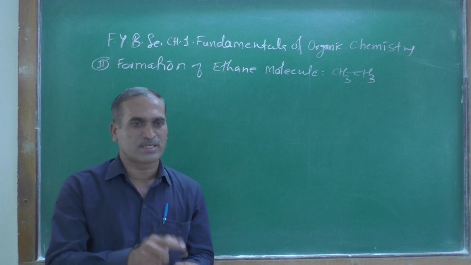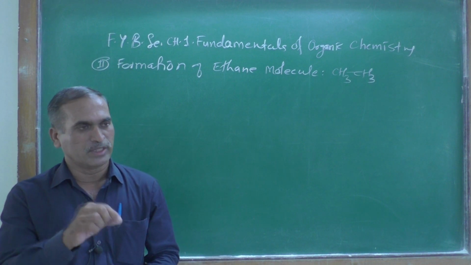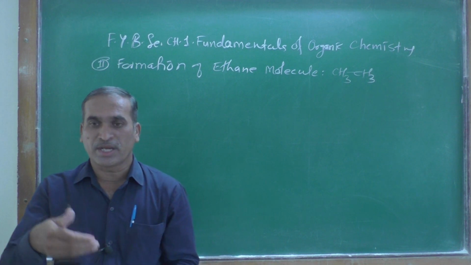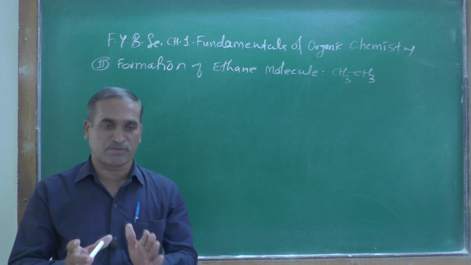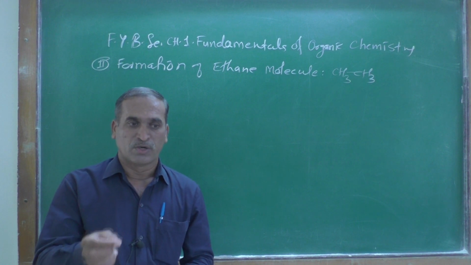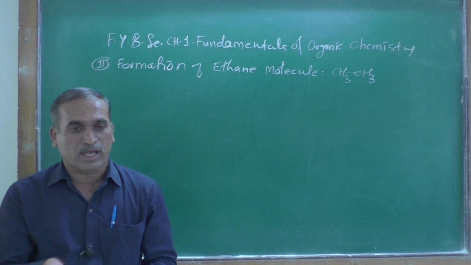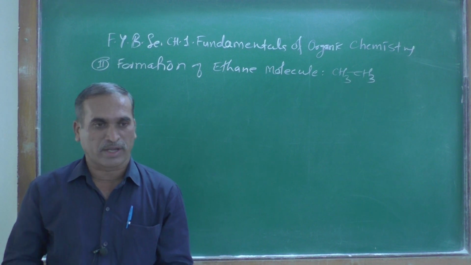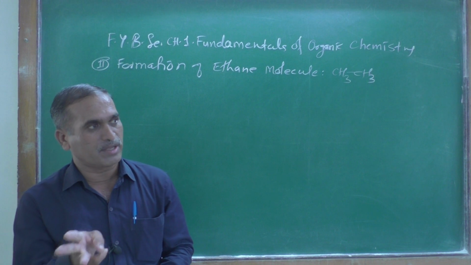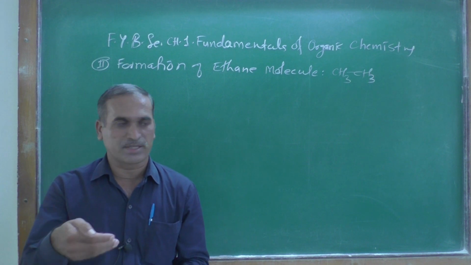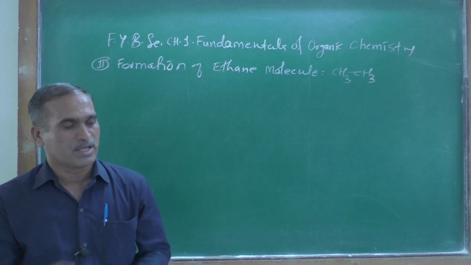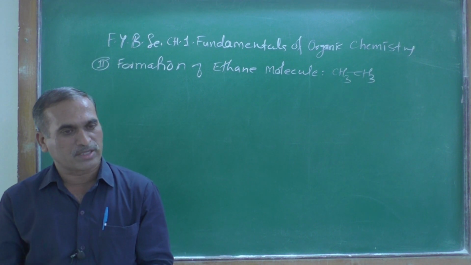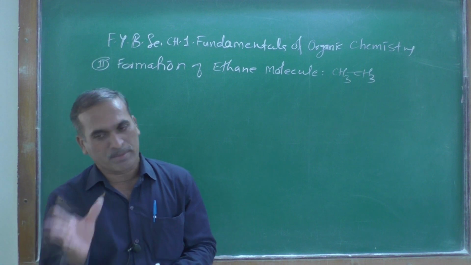By using s and p orbitals, we can have three types of hybridization. Yesterday we saw how to identify what type of hybridization is present in a given organic compound. The three types are sp3 hybridization, sp2 hybridization, and sp hybridization.